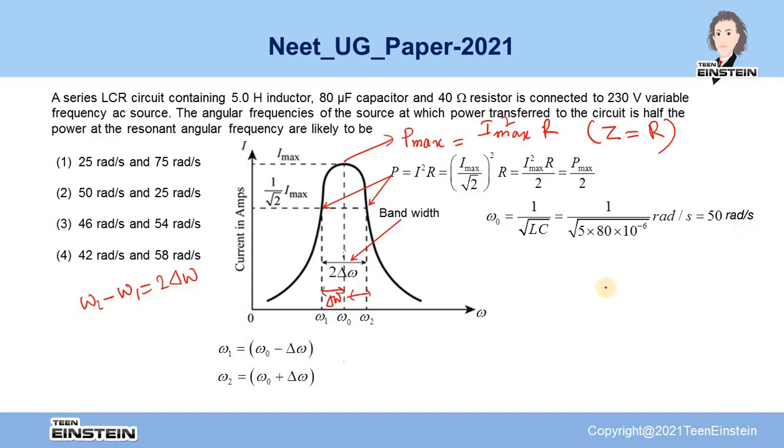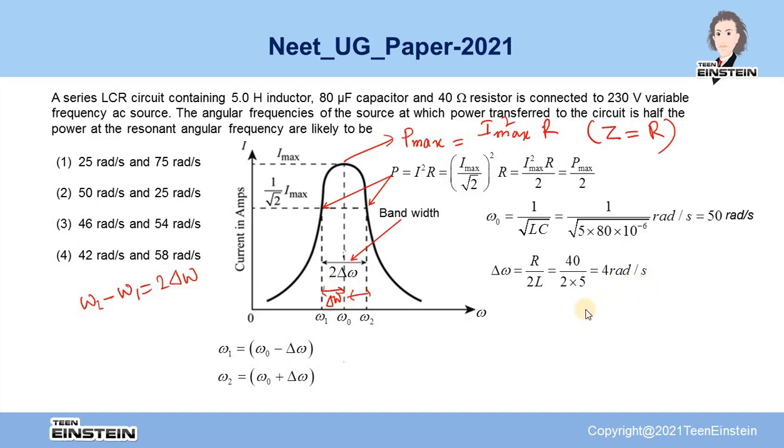Again, we know delta omega can be written as R by 2L, and if you put the values of R and L, you get delta omega to be 4 radians per second.